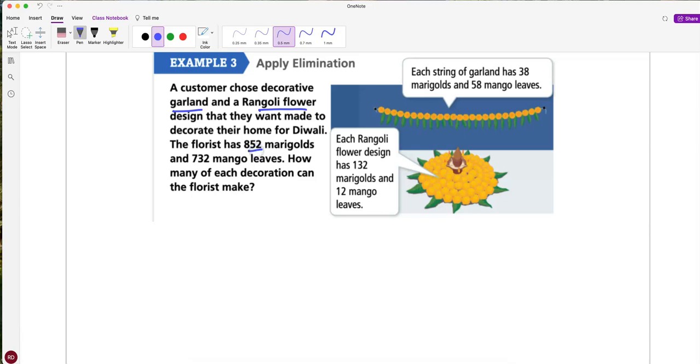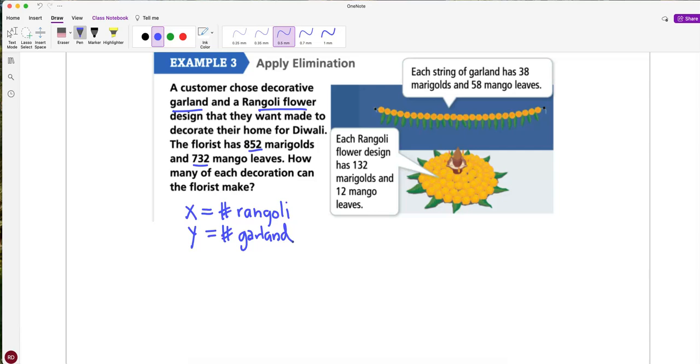Okay, so I know that I have limits in terms of the number of flowers that I'm using. So if I let x equal the number of rangoli and y equal the number of garland, then we figure out each strand of garland has 38 marigolds.